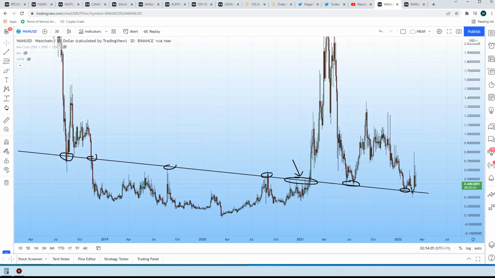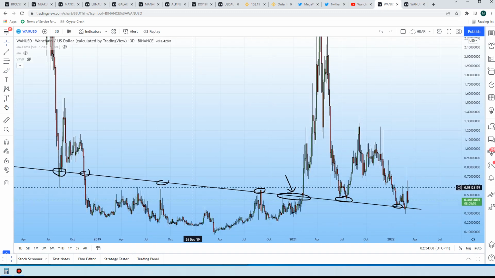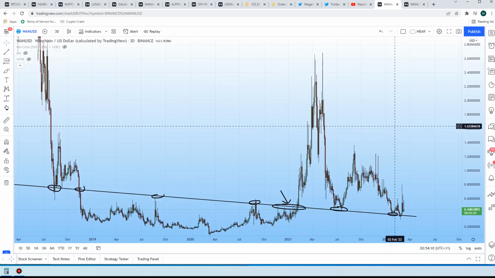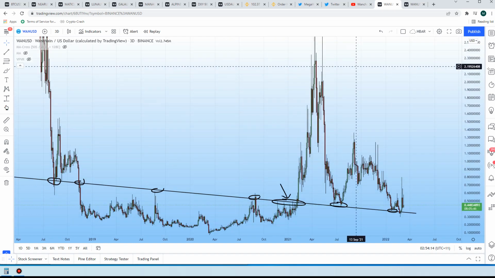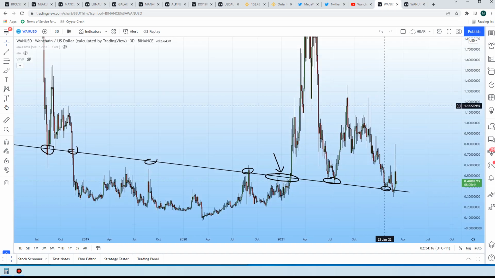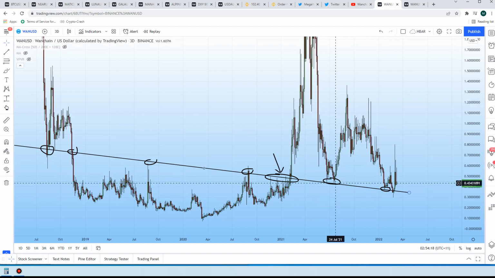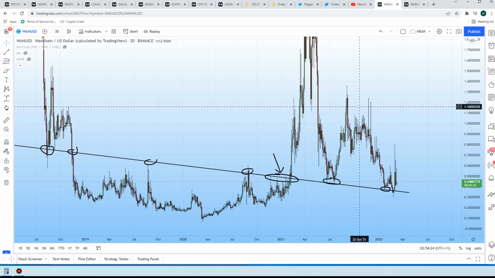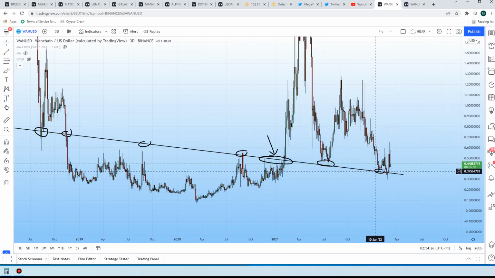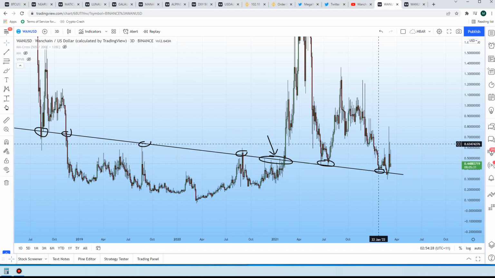Now, as soon as we broke that trend line there and we had that trigger, we shot up about 700% to $2.61. And obviously we came all the way back down, retested that same trend line in July, bounced, shot up about 200%, came all the way back down, retested that same trend line again, bounced again, and then finally retested that same trend line again and bounced.